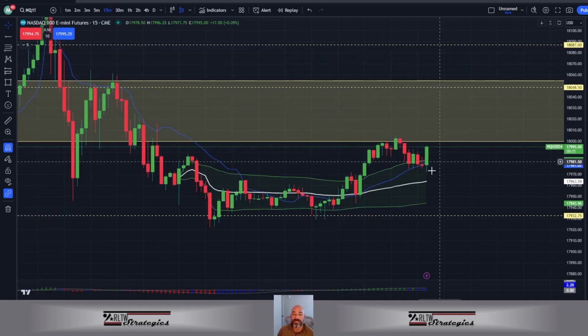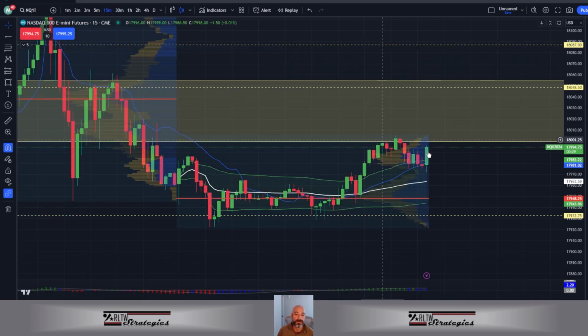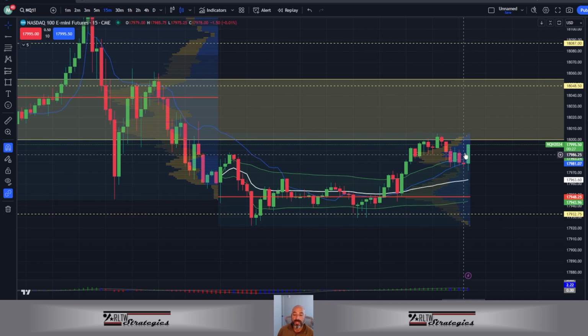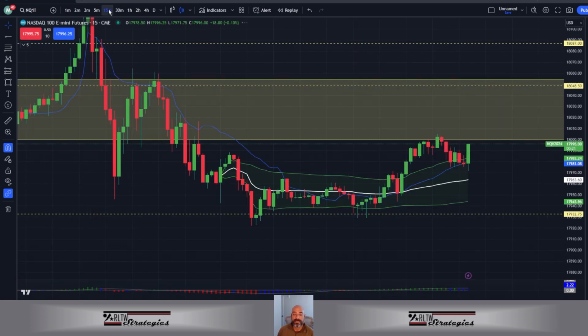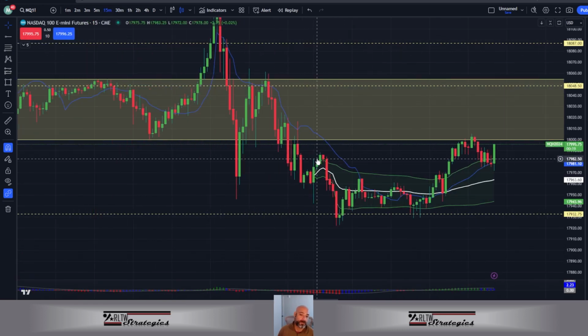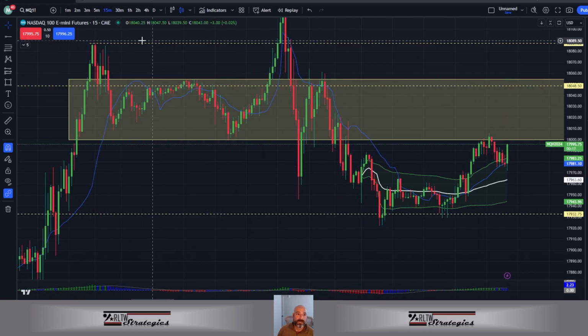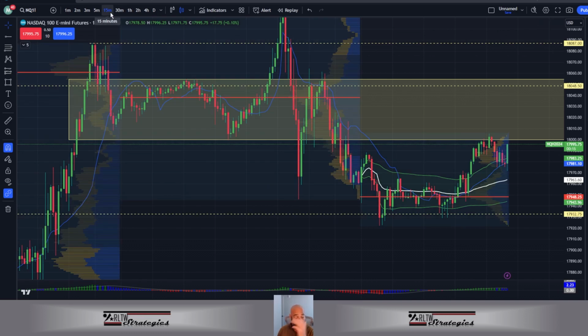I'm not going to draw any more levels, because by the time I start marking the 30-minute and the 15-minute and decide to go into a trade, it's going to be too late, so I don't really chart anything after the 30-minute. I'll observe the 15-minute at these crucial areas of resistance.